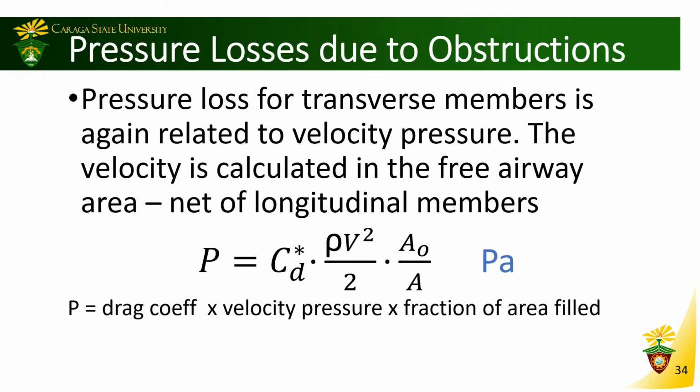The pressure loss for transverse members is again related to the velocity pressure. The velocity is calculated in the free airway area, or the net of longitudinal members. And so the pressure loss is given to be C sub D times rho V squared over 2 times A naught over A, where P is the drag coefficient times the velocity pressure times the fraction of the area filled.